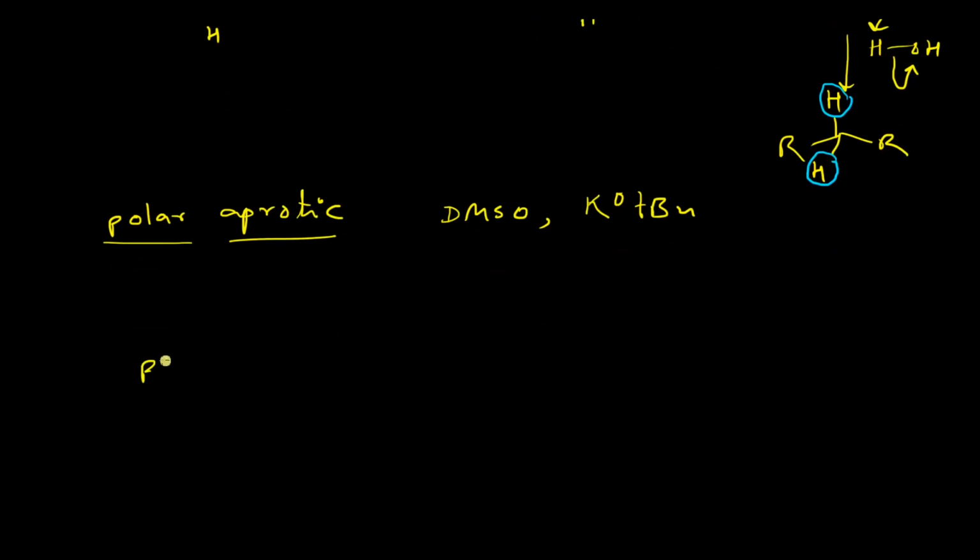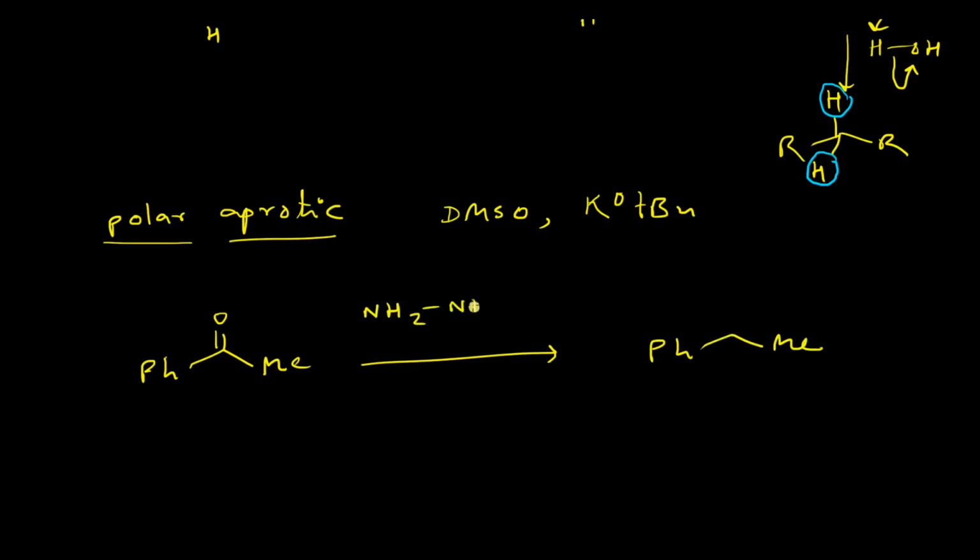For example, if you want to convert acetophenone into ethyl benzene, then you have to simply synthesize the hydrazone derivative by reacting with hydrazine hydrate, and then if you react this hydrazone derivative with potassium tertiary butoxide in DMSO as the solvent, then at room temperature you will get this particular reduced product.